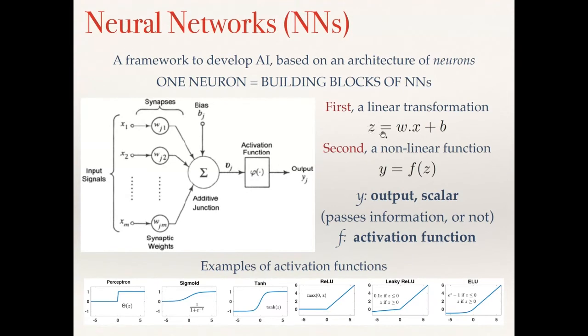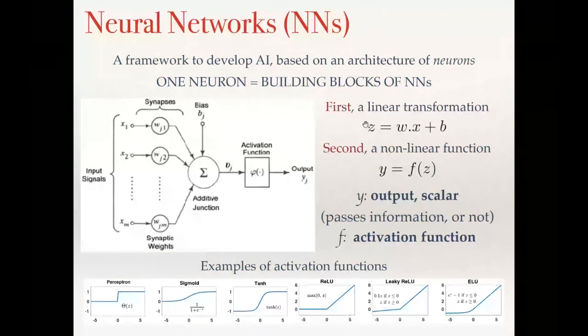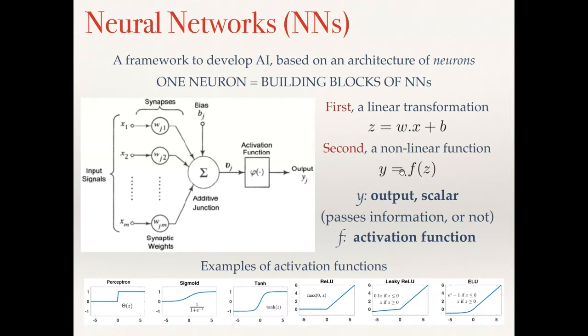That creates this linear transformation we call Z, which is made again of something linear with X. But then, and this is the important point, we take this linear function, Z, and then we apply on it a nonlinear transformation. This is exactly what we've done before when it came to binary classification. We took our inputs and we transformed them using, for example, a perceptron or a sigmoid in a way that is nonlinear, that it doesn't go linearly with the inputs.